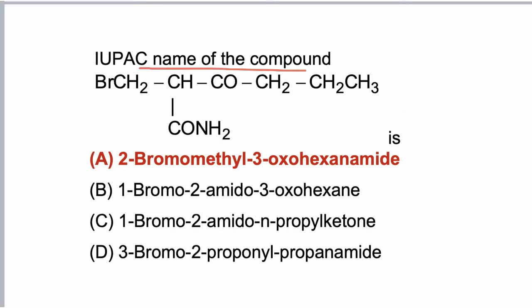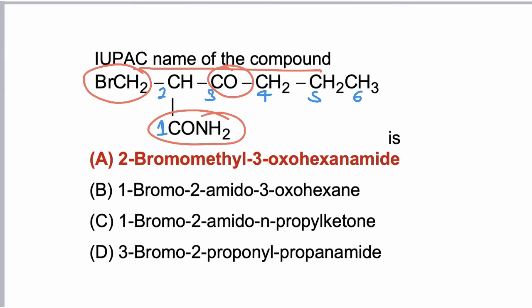In this question, we have to find the name of the given compound. First, we have to find the principal functional group. Now, the molecule has an amide functional group and a ketone functional group, while CH2Br is a substituent. Now, from ketone and amide, amide has higher priority, hence numbering should start from the amide. So the main chain has 1, 2, 3, 4, 5 and 6 carbons.